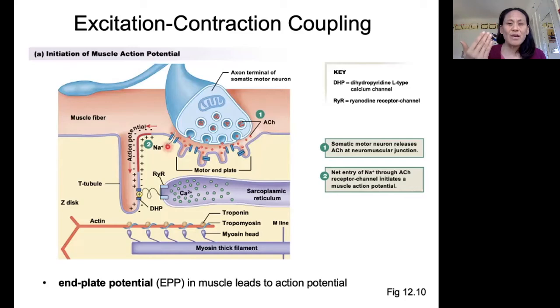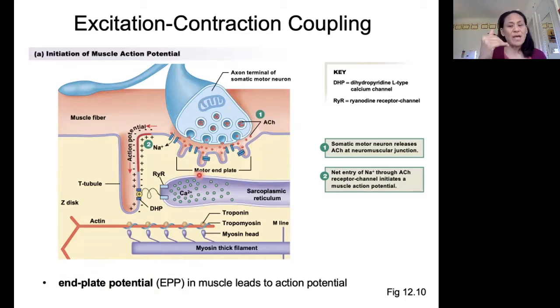It's going to be a graded potential, basically an EPSP, except that in the muscle we have a different name for it, which is the EPP, the end plate potential, okay? So we're going to trigger an end plate potential, a graded potential in the muscle fiber.